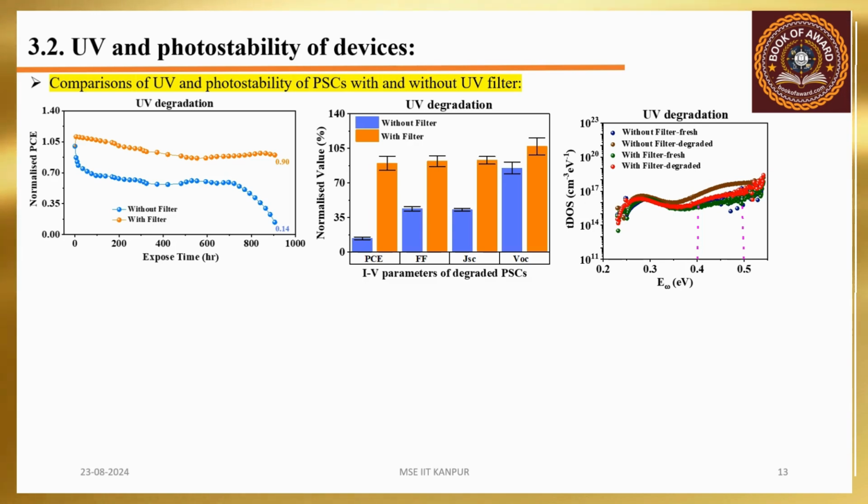After this we measure the JV of these devices at regular intervals of time. Then we observe that after 900 hours exposure of UV light, normalized photoconversion efficiency of triple cation perovskite solar cells with filter reached 0.90 and without filter it reached 0.14.